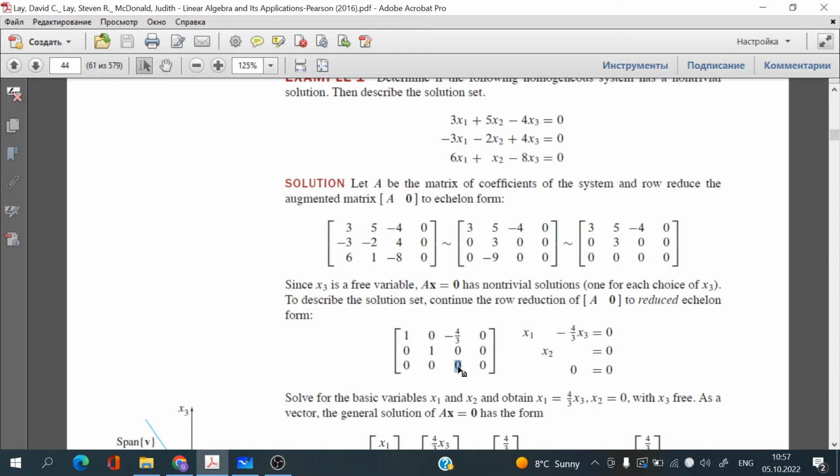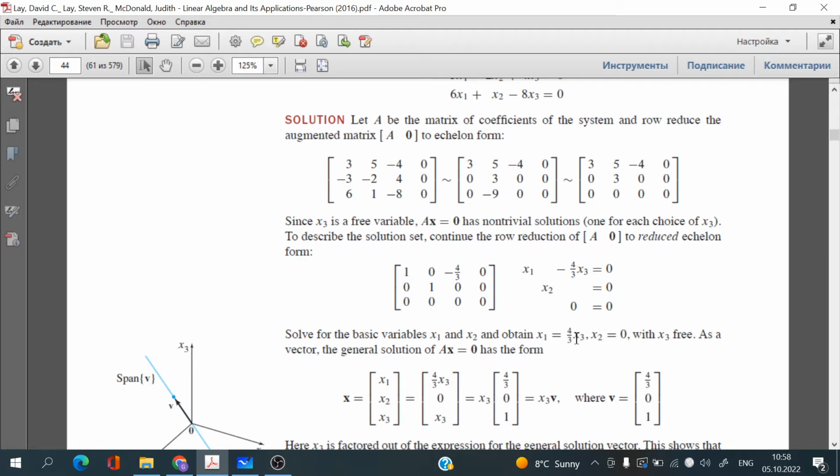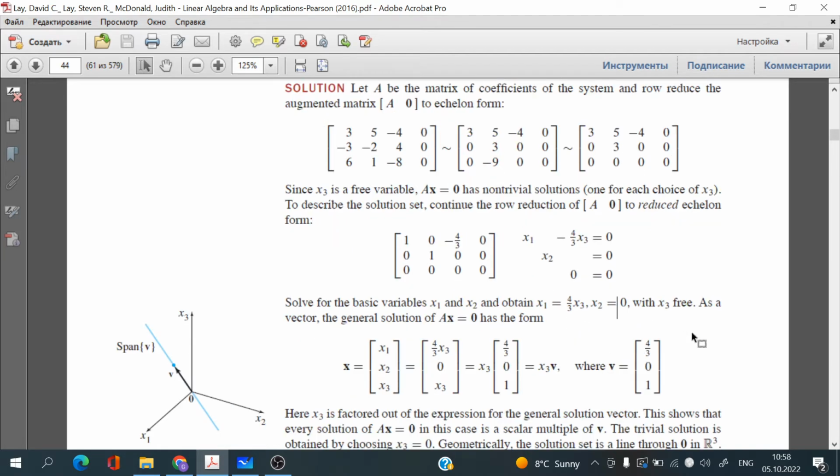If we had a pivot, we could reduce this element. Therefore, let's rewrite it from matrix form into linear equations: x1 - 4/3 x3 = 0, x2 = 0, 0 = 0. From here, you express x1 = 4/3 x3, just moving this to the other side, and x2 = 0, and x3 is a free variable.